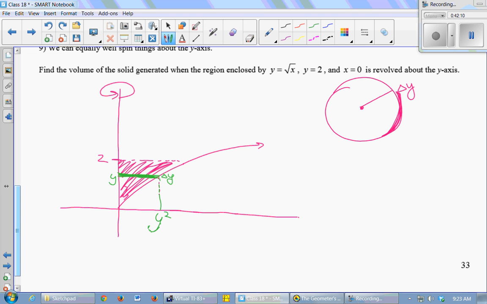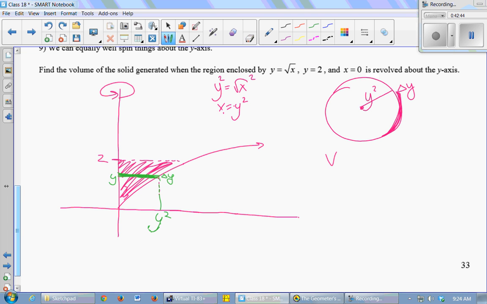So the distance from the y-axis to the curve, if you know the y value, is y squared. You can get that by starting with the formula y equals the square root of x. That's what I would do if I know x and want y. If I know y and want x, solve for x: square both sides. x is y squared.